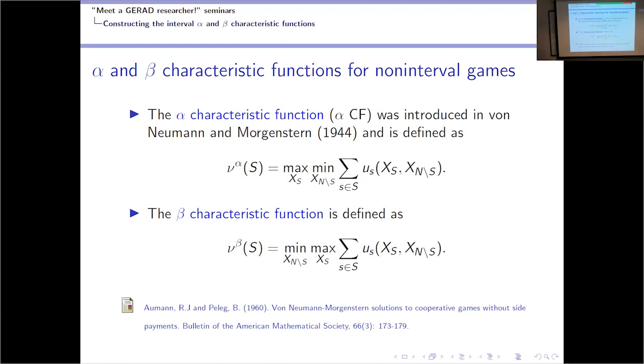Actually, both of them are constructed under the pessimistic assumption, in the sense that the left-out players form an anti-coalition. So it means that the left-out players' objective is to minimize the payoff of coalition S. So these approaches are based on a solution of zero-sum games, I would say.